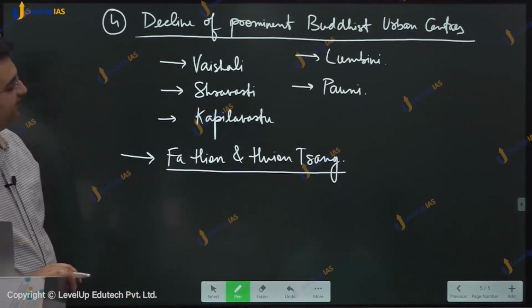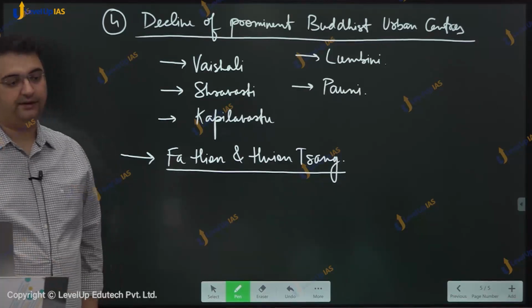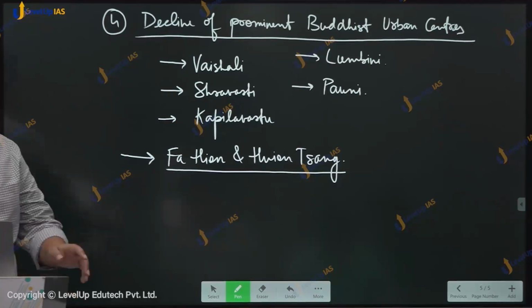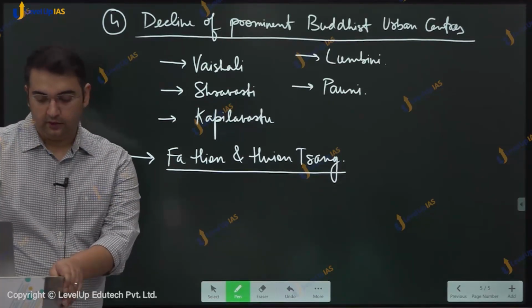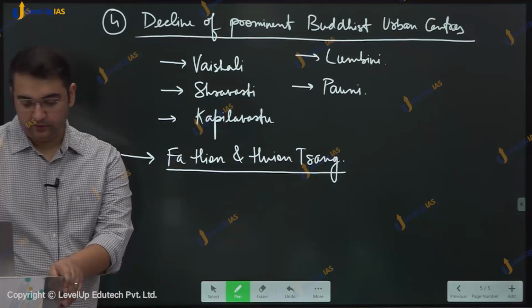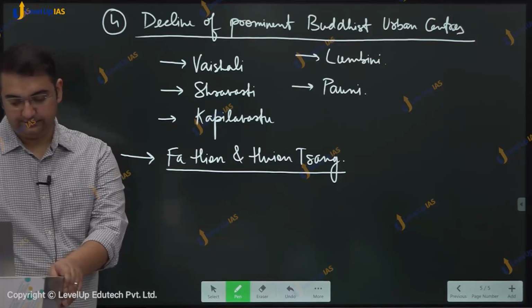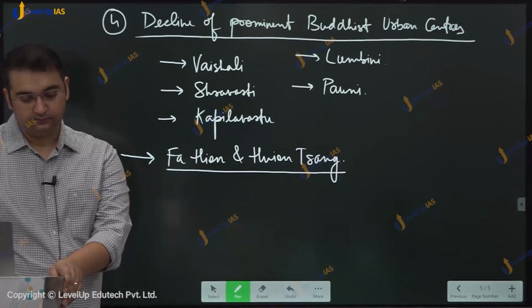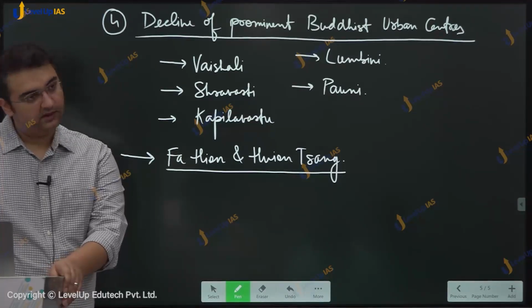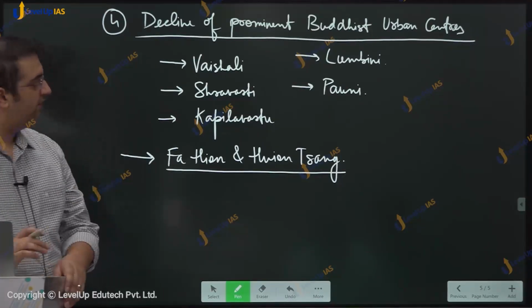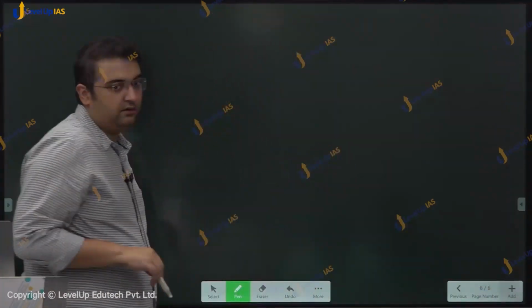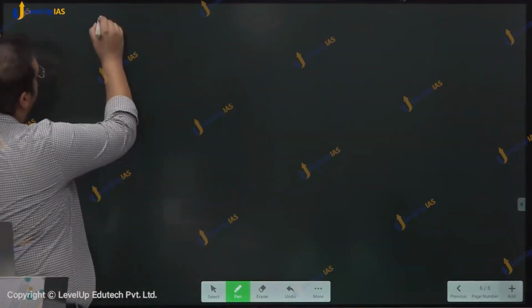It is also reflected in the archaeological record of these sites. ठीक है, lastly you can write 5.